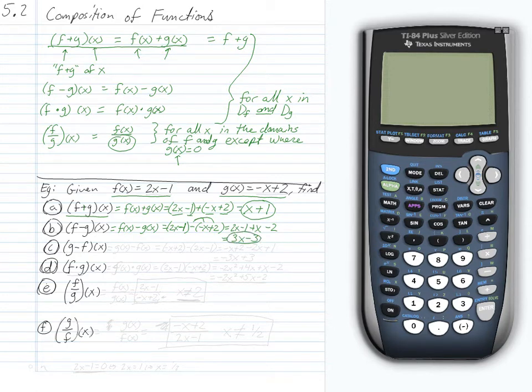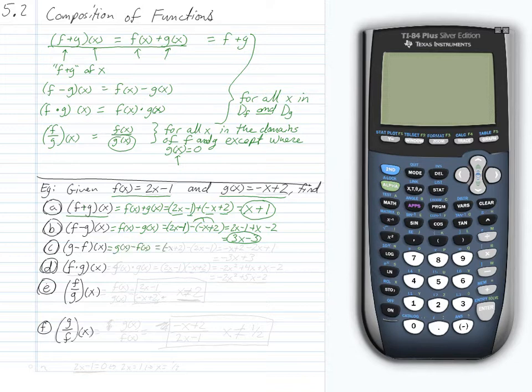Alright. Now here in part C we see something very similar, but this time we are taking the difference in the other direction. We're saying g minus f. So we'll take the function g of x and subtract the function f of x from it.